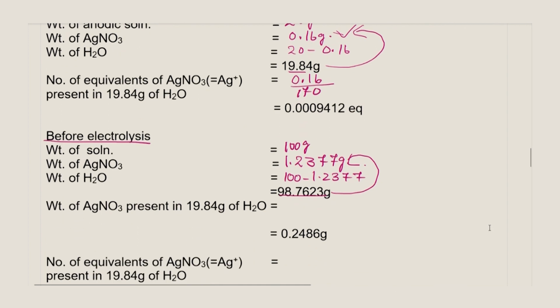There are two possibilities, convert it into 98.7623 or you can put it as 19.84, but always it is done in such a way that we convert this mass before electrolysis to the mass of water after electrolysis, because we are not sure that this much of water may contain proportionally, that is 0.16 proportional to 98.76, because that will not be right, and therefore, always we do the conversion to the mass of water you have obtained after electrolysis.